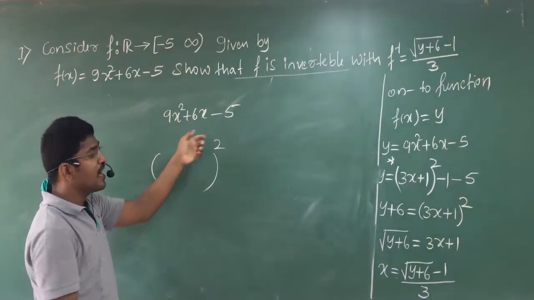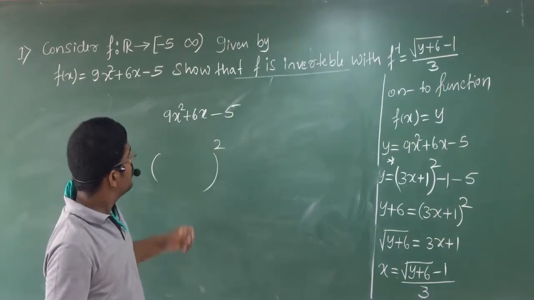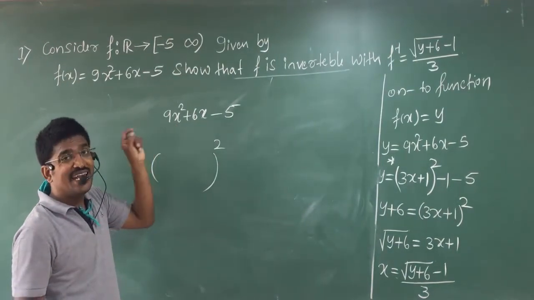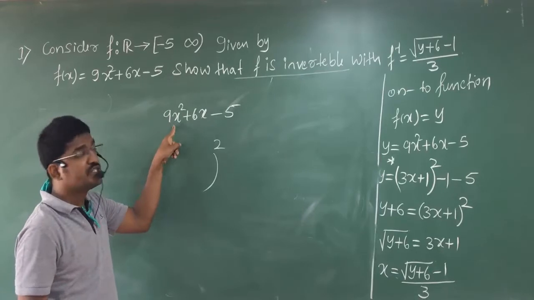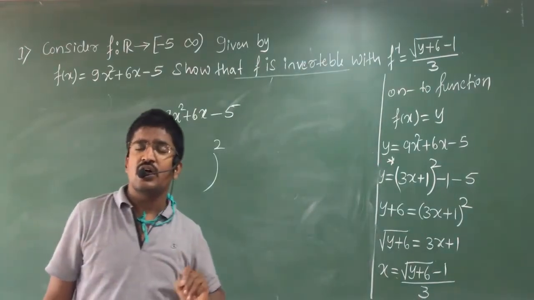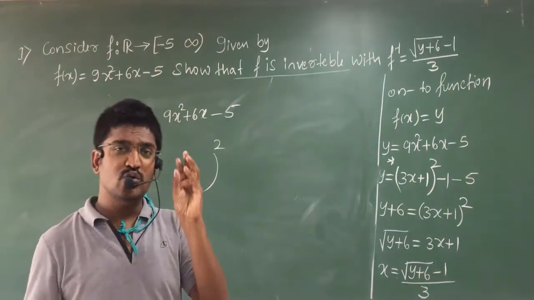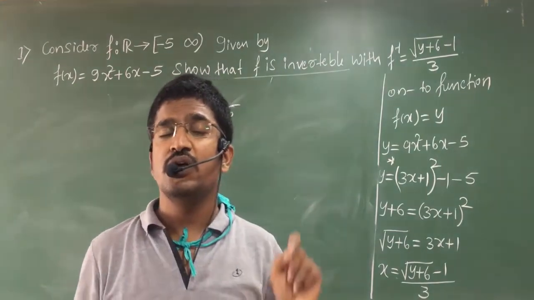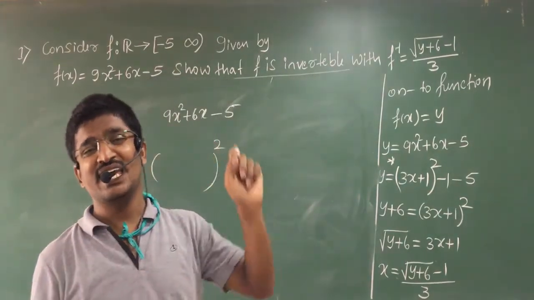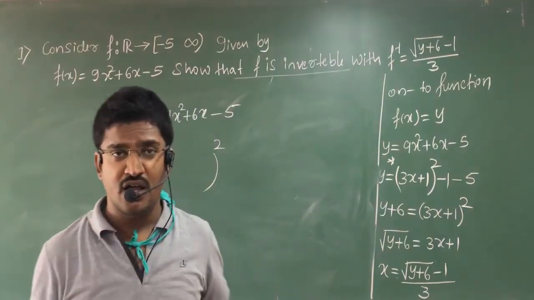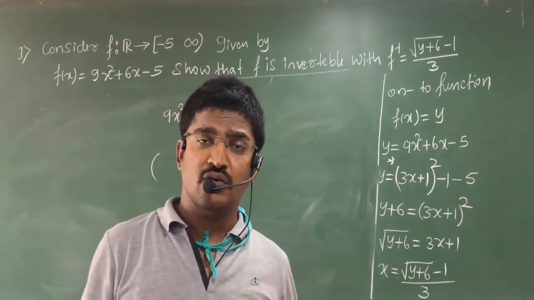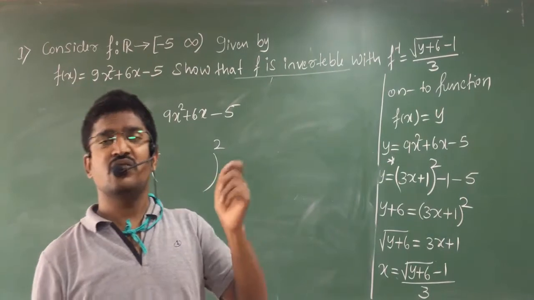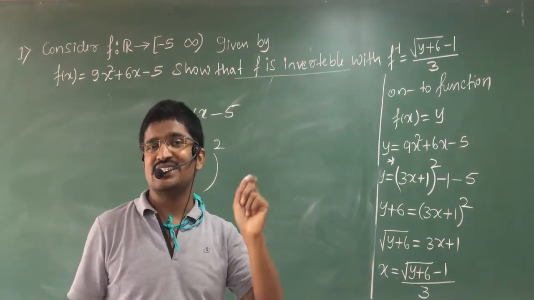Now, what is your first term? 9x square. You have to think, if I square which term, you are going to get 9x square. Are you getting my point?